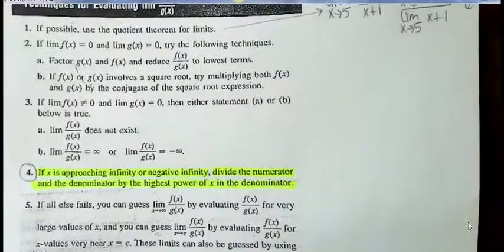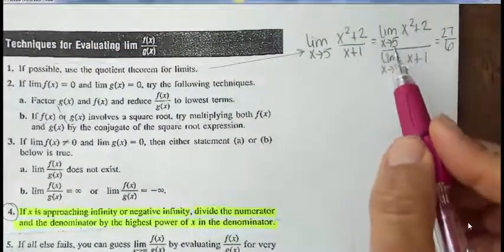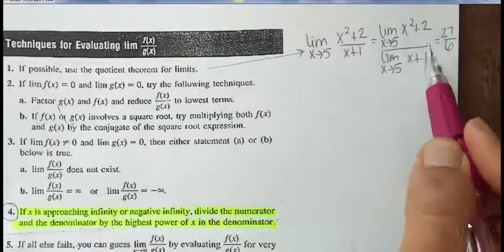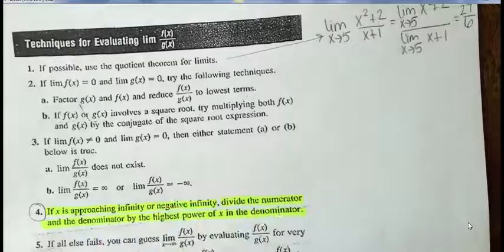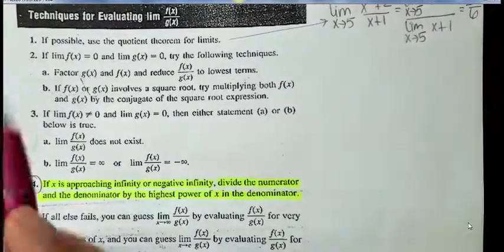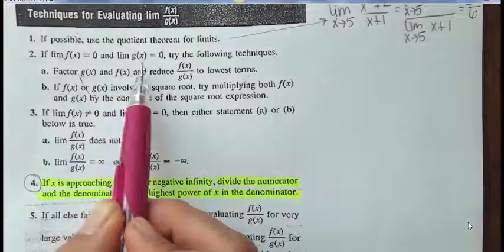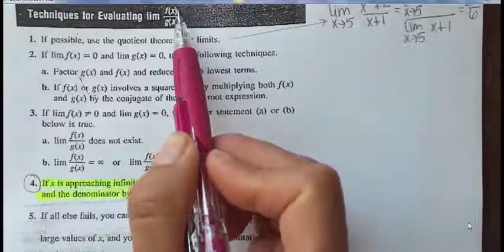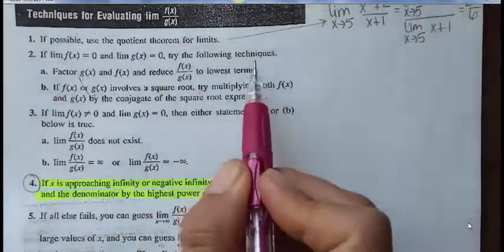Now, what happens, for example, if I do this, and I get 0 over 0? Well, that's what number 2 is talking about. So that's the indeterminate form that I keep mentioning. So if the limit of f of x equals 0 and the limit of g of x equals 0, notice f of x is in the numerator, g of x is in the denominator, you can try the following techniques.